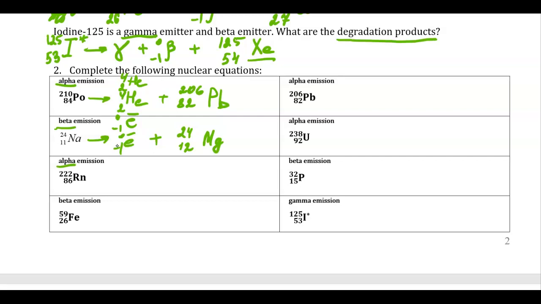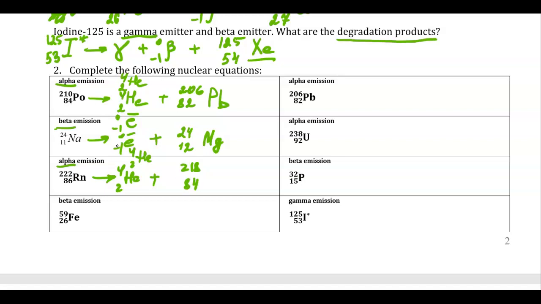You can pause this lecture and try to do it by yourself, and then you can play it and check if you were right. So that is the way to watch video lectures too. So alpha emission, so alpha particle, 2, 4 plus, so it will be 218 and 84 here.